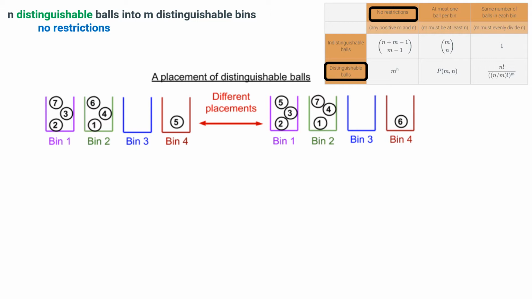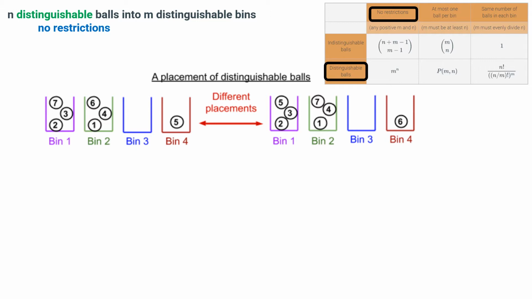Here's a picture where we have 3 balls in both bin 1 and bin 2 in both scenarios, but we would consider them different placements, because on the left we have balls 2, 3, and 7 in bin 1, and on the right we have balls 2, 3, and 5 in bin 1. So those would be considered different now because we have these distinguishable balls.